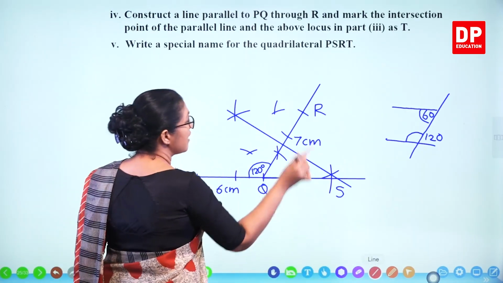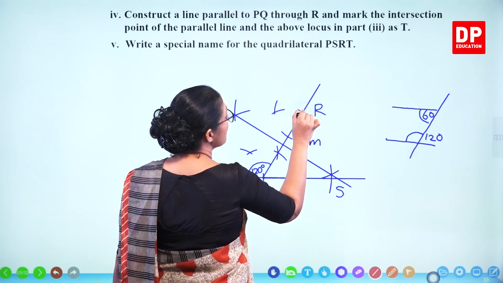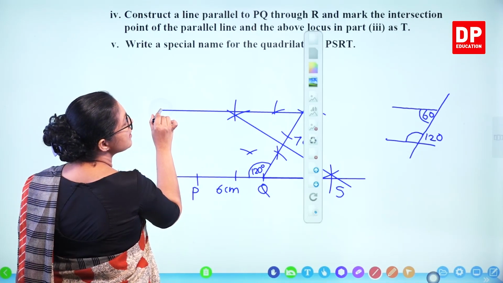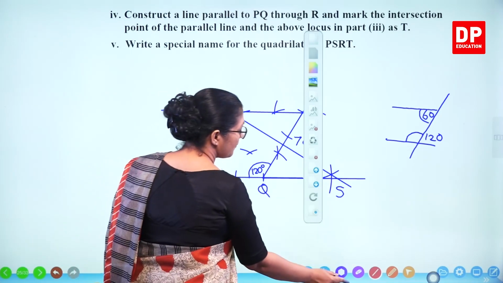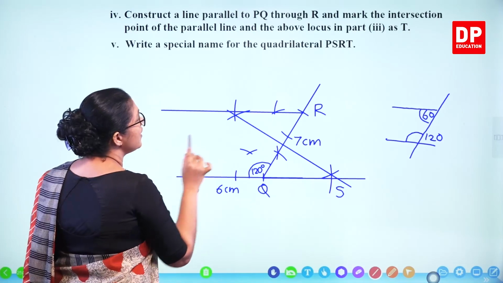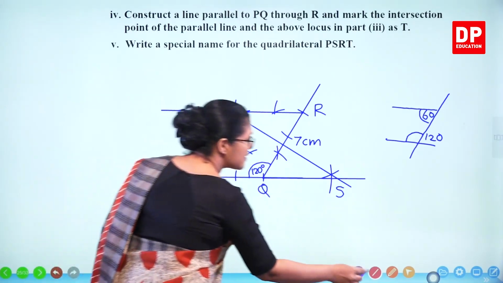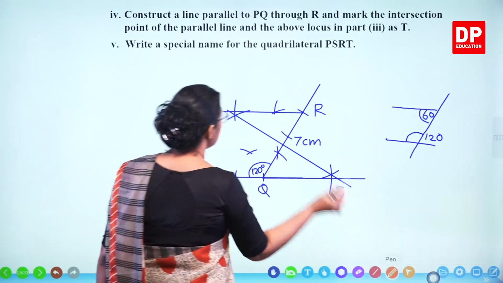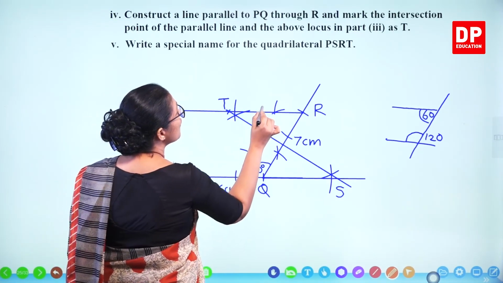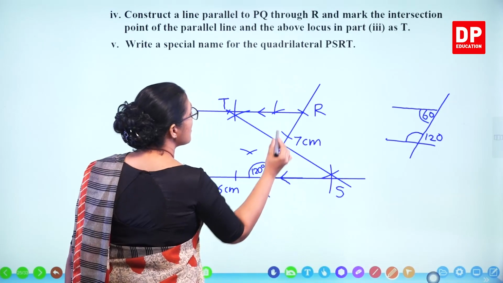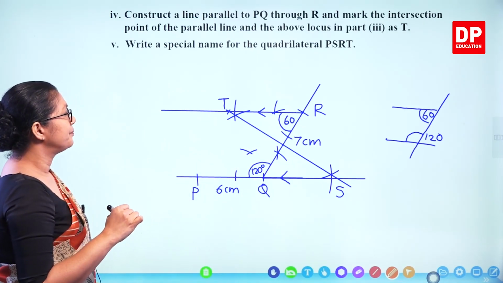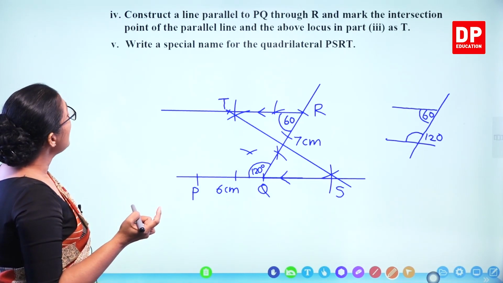Now you can take the ruler and connect it from here to this intersecting point. So this line and this line meet at the point here, T. This line is parallel to this line because we took this as 60 degrees. So we did that part.